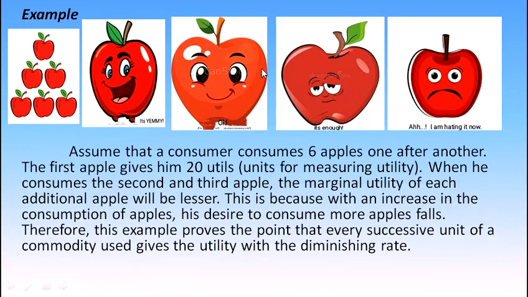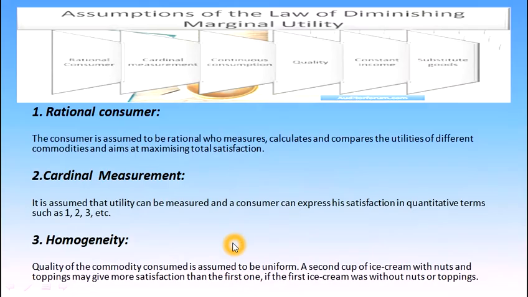As you keep on consuming more and more, the marginal utility will keep on decreasing. This example is very clearly explaining the law of DMU.